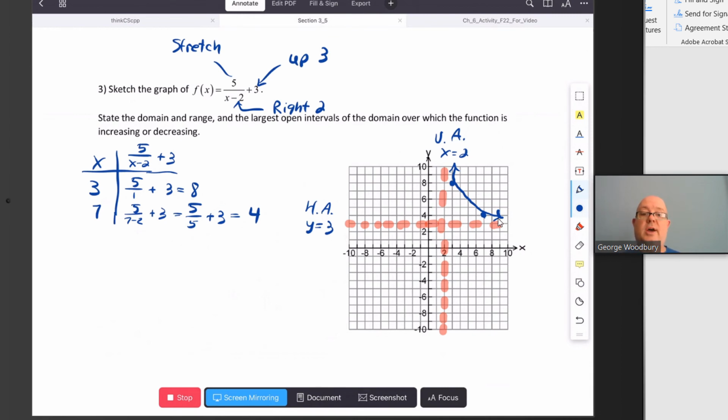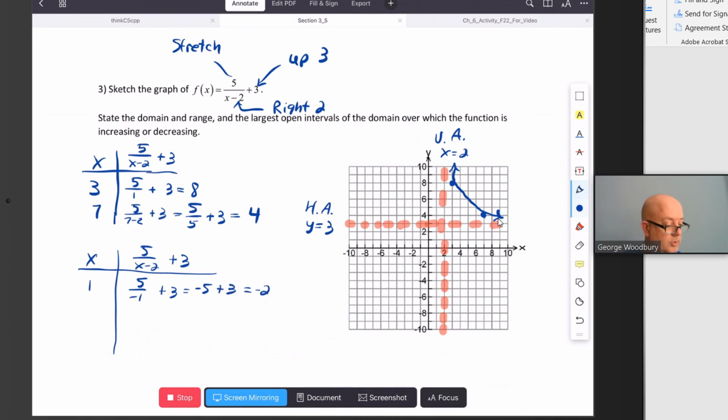For the other side, I need values of x that are going to make the denominators -1 and -5. And so if we start with 1, because I know 1 minus 2 equals -1, I would have 5 over -1 plus 3, which is -5 plus 3, or -2. So when x is 1, I'm down at -2.